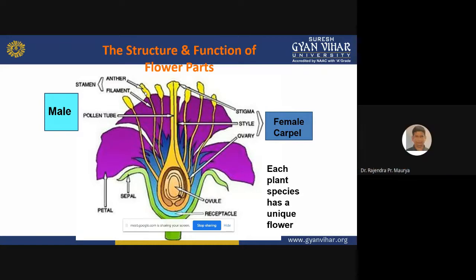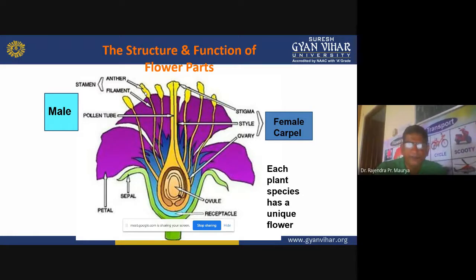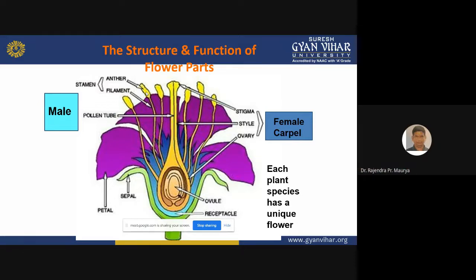Now here you have to understand, after maturity this anther dehisces and pollen grains are released, or these pollen grains are automatically transferred onto the stigma, which is known as self pollination.